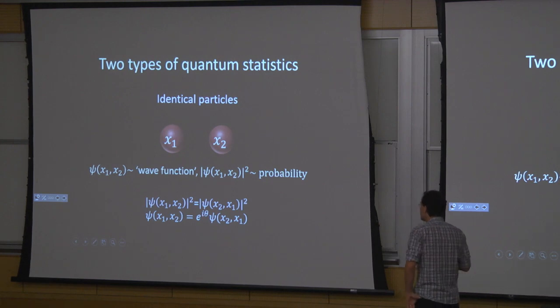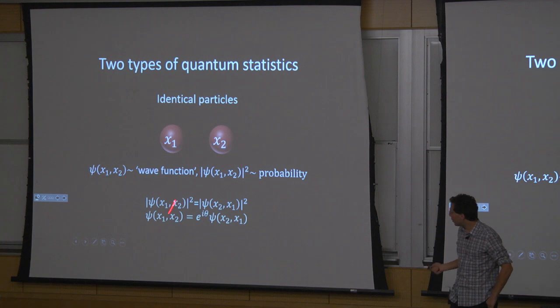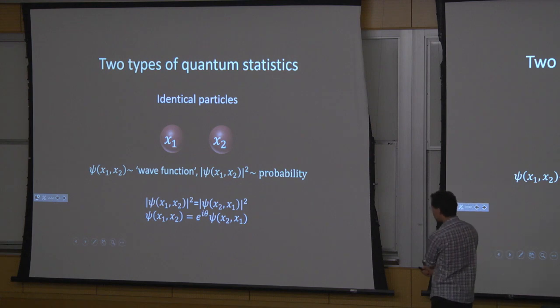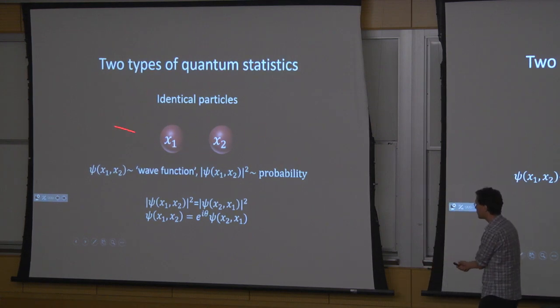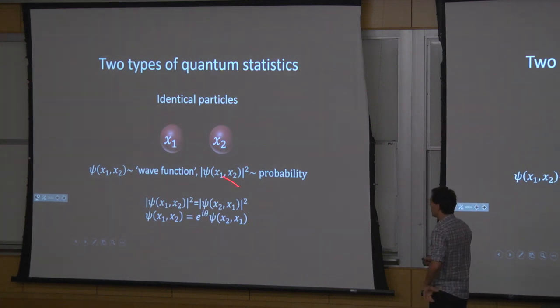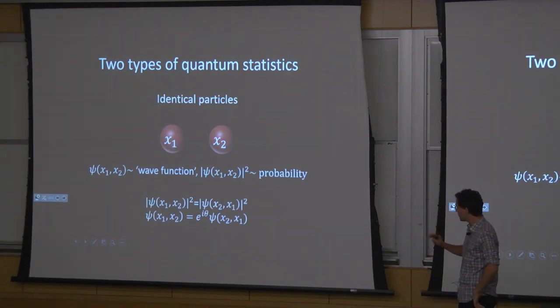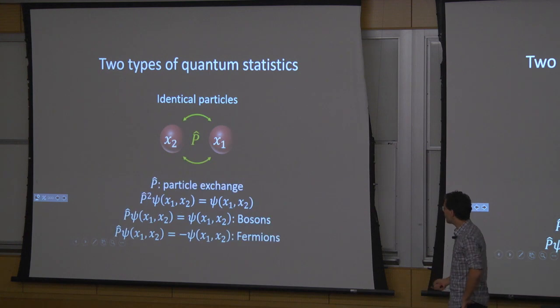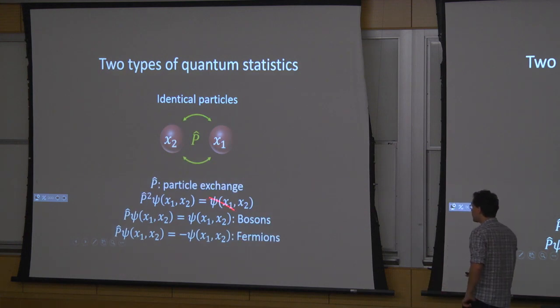In order to do this, you need to rethink what you mean by particles. Maybe condensed matter people will be familiar with this idea, but for non-condensed matter people, we know from our quantum mechanics classes that if you have identical particles, you can more or less show that the fact that probability and amplitude should be conserved under identical transformations means you can only get two things.